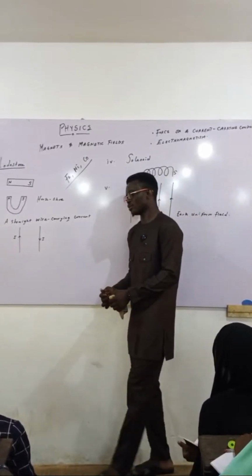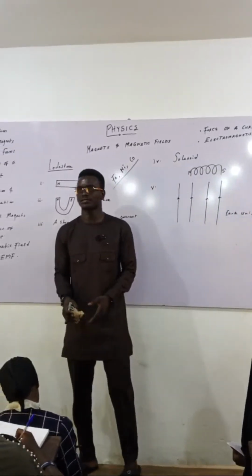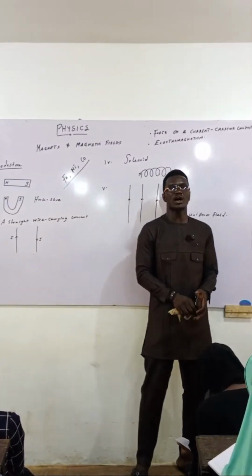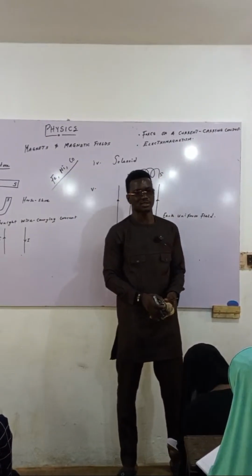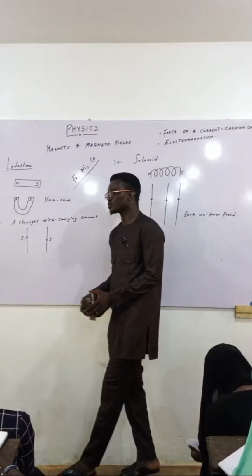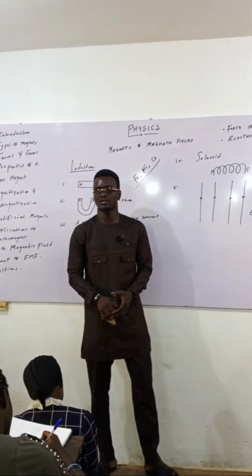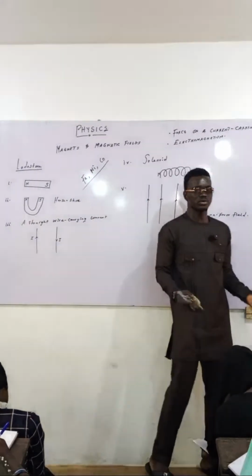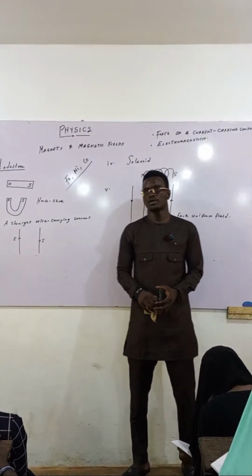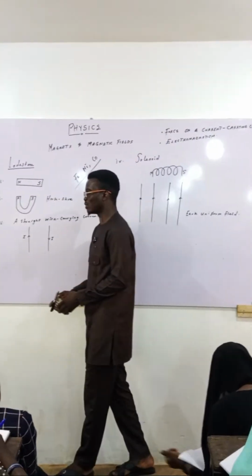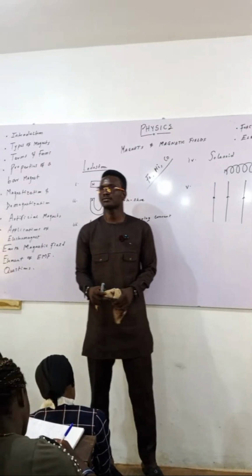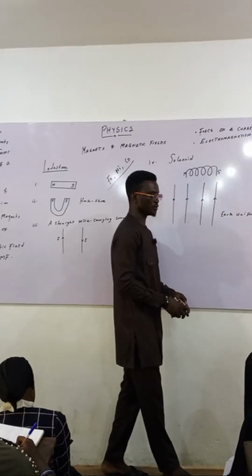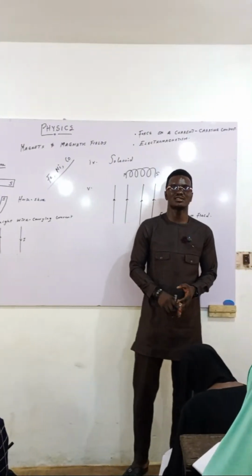Non-magnetic materials. Number 2, non-magnetic materials. These are materials without magnetic properties, which means they are not attracted nor repelled by a magnet. Materials that lack magnetic properties, e.g., tin.